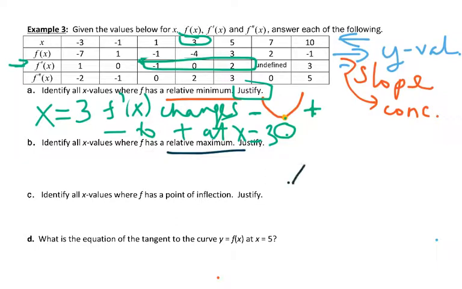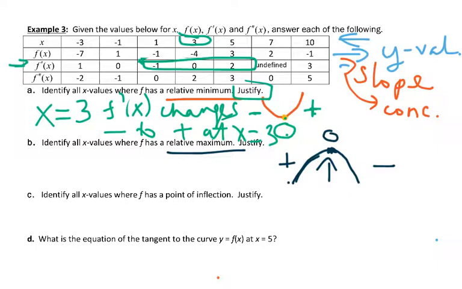Alright, so hopefully you tried that. So maximum, if you think about maximum, this is the shape. We start from positive slope, and then we have 0, and then negative slope. Okay, and we want to know the x value where the slope is equal to 0.